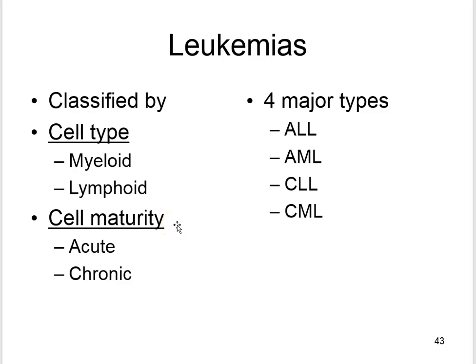Or cell maturity: acute, which are immature cells, sudden onset, many peripheral blood blasts. And chronic, you have mature cells, slow, insidious onset, few peripheral blood blasts. So the 4 major types are acute lymphocytic leukemia, acute myelogenous leukemia, chronic lymphocytic leukemia, and chronic myelogenous leukemia.